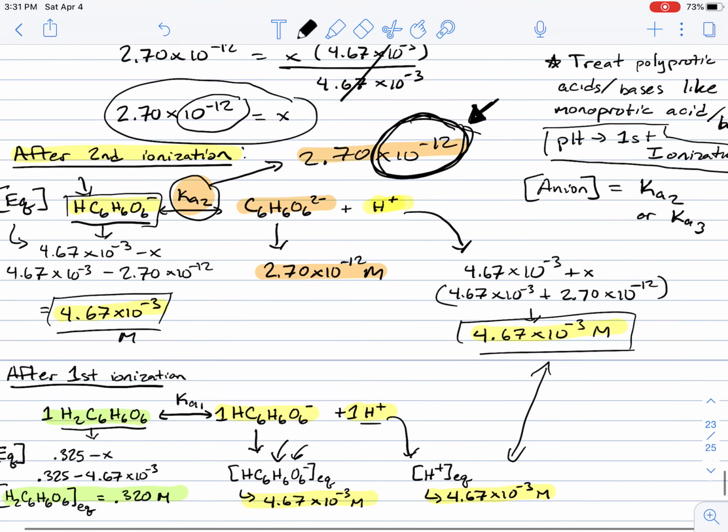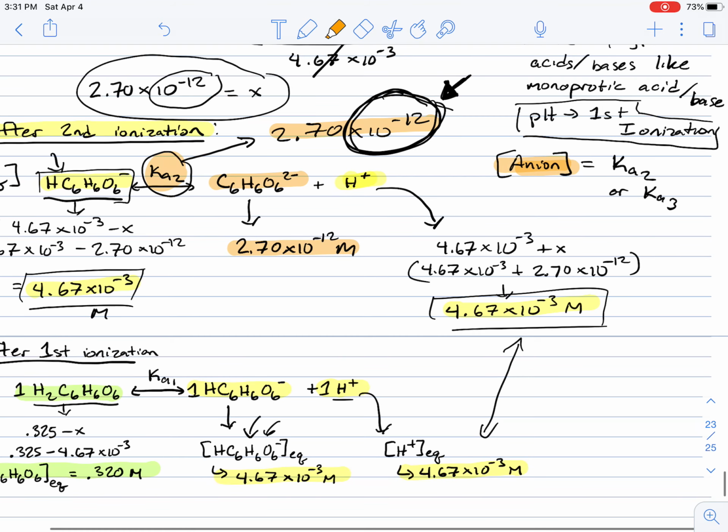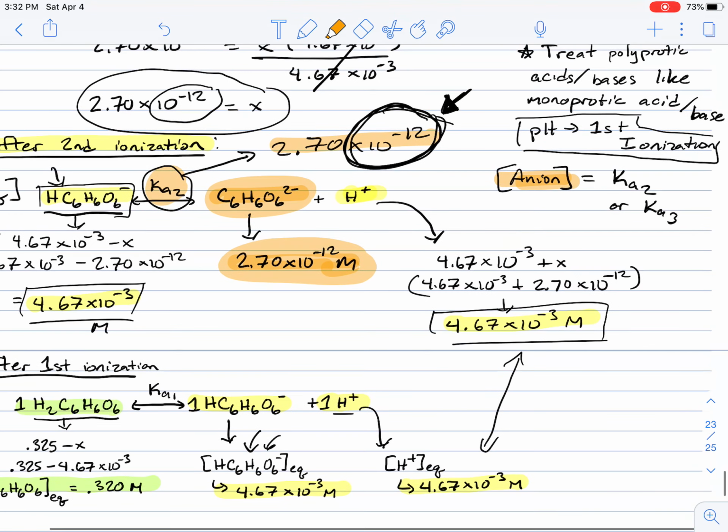And so what I mean by that, let me see here. So the anion is in orange, so I marked that in orange to represent this guy. So if I ask you to calculate the equilibrium concentration of the full anion of the acid, then that's already going to equal its Ka value. So you guys don't really need to perform a second ICE table.